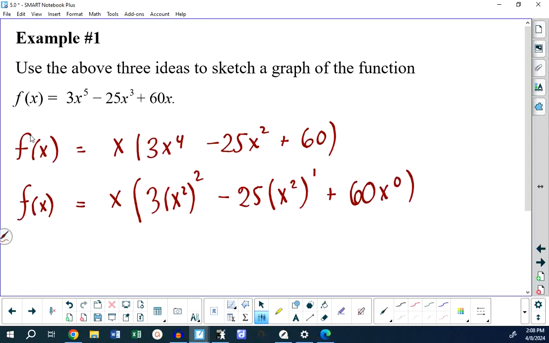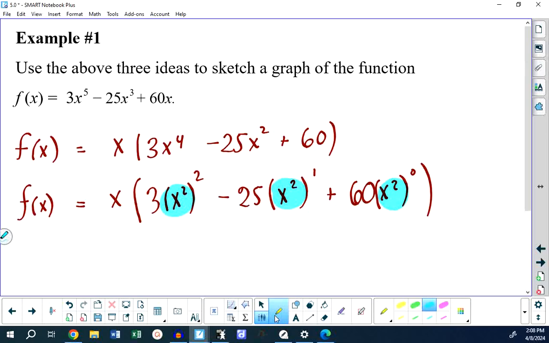And my point is, you have a variable of x squared in each of these terms.